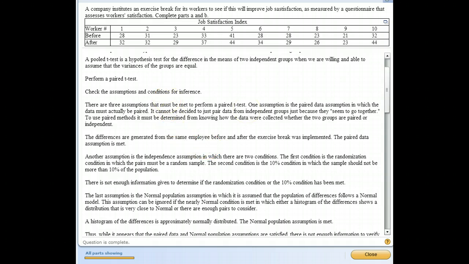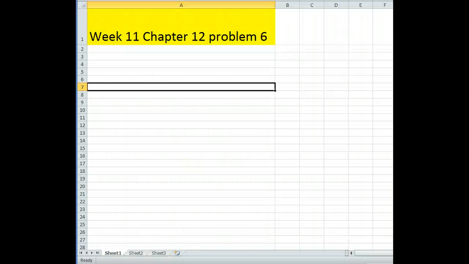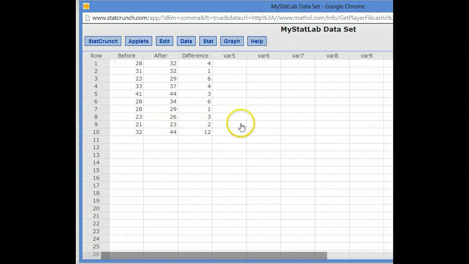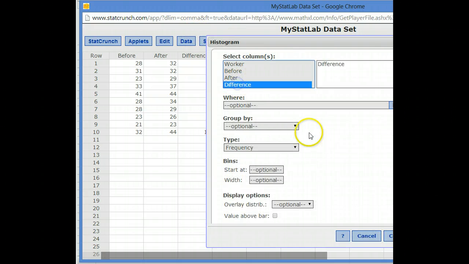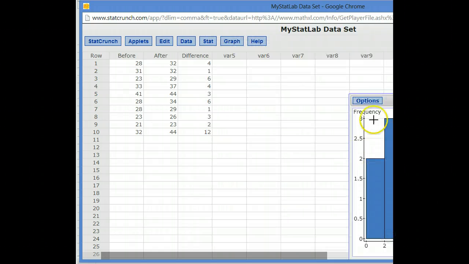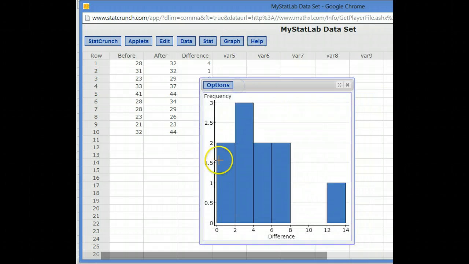If we hop real quick to the data in StatCrunch, you can see that I worked out the differences between the before and after, and we can do a quick histogram of that to see what it looks like, and it gives us an approximate bell curve. Is it a perfect bell curve?